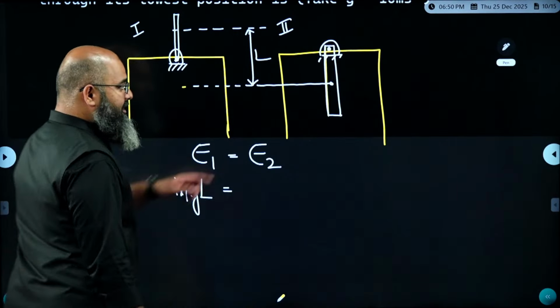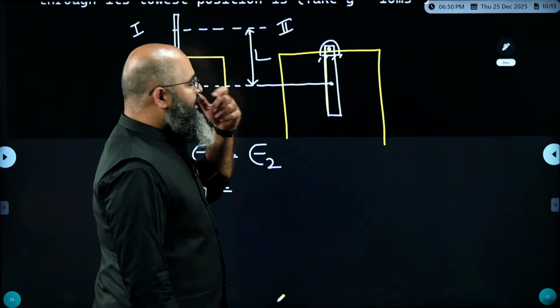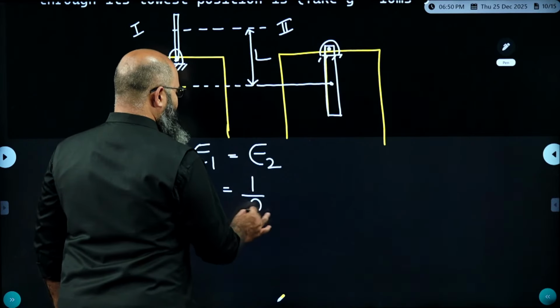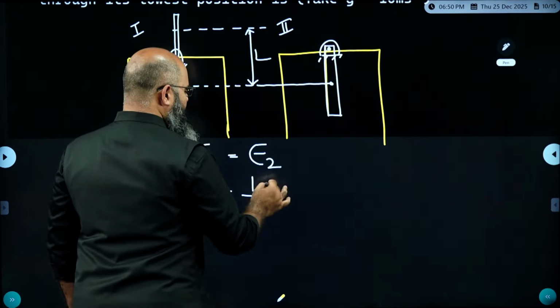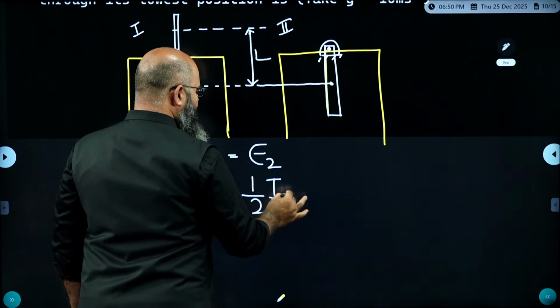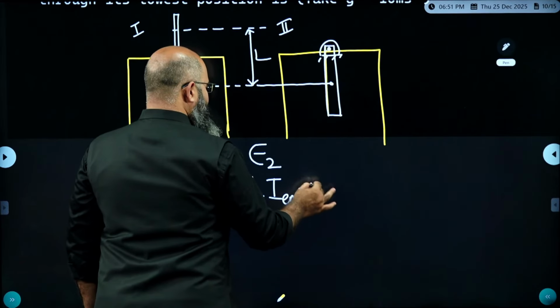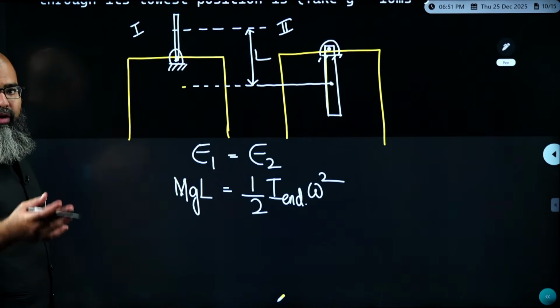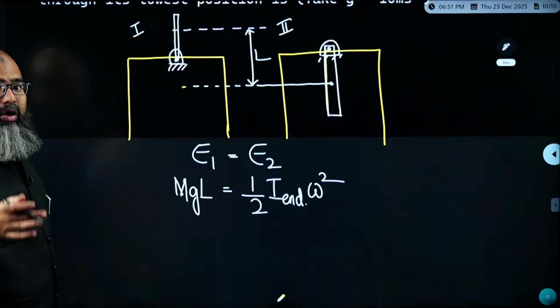In second case, since I have taken this as my reference datum, the only energy I am having is kinetic energy. And kinetic energy over here is equal to half of I about end omega square, because it is a rotation about this point. Now what is the value of I about end for a rigid rod? It is equal to mL square by 3.